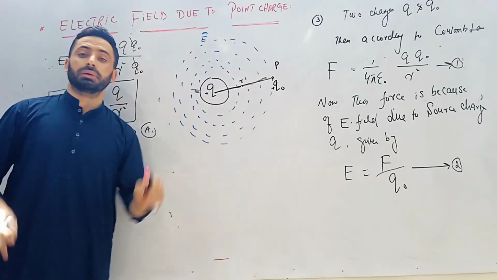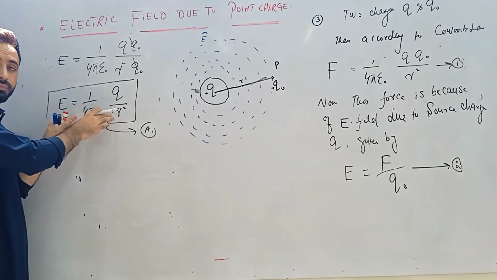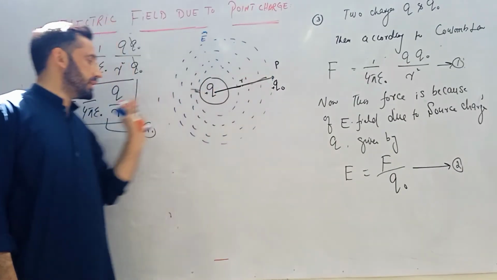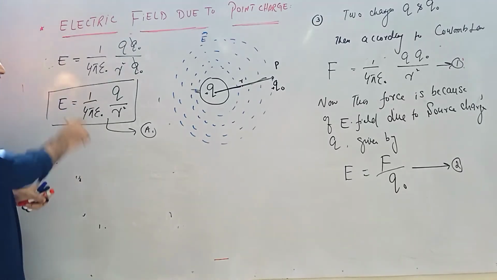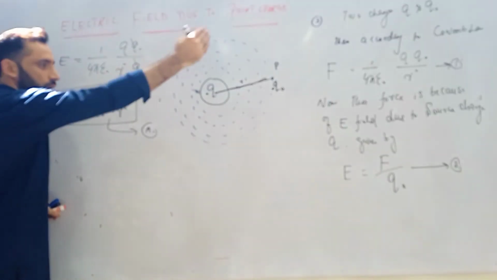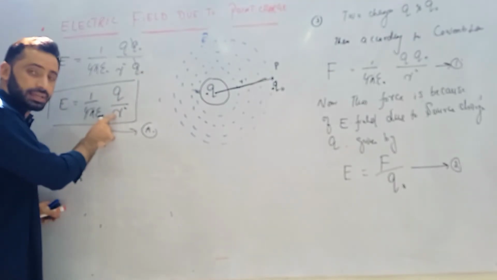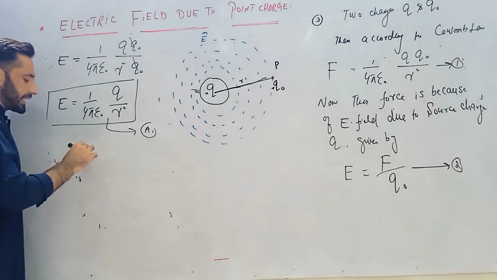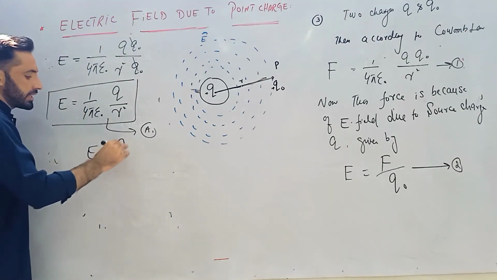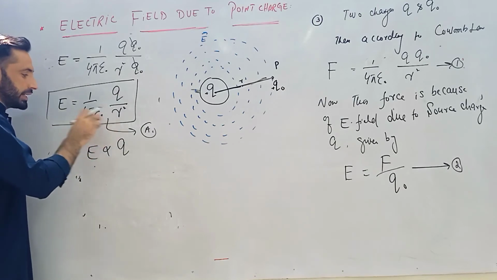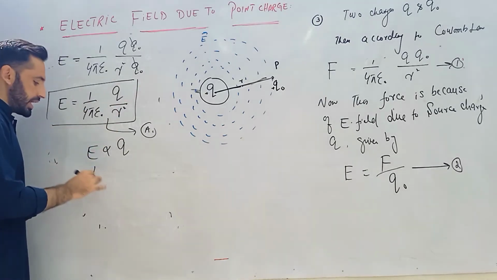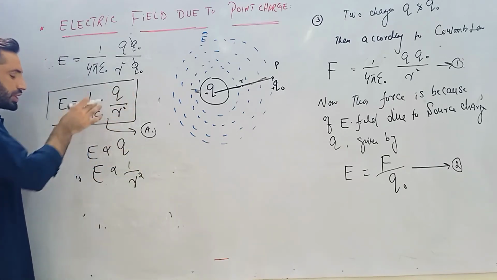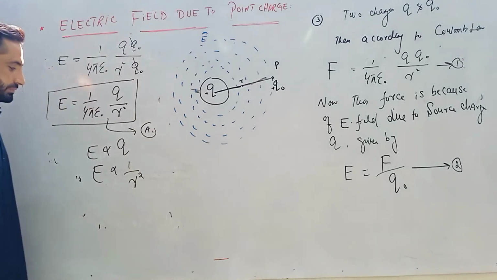Now from this equation it is clear that E is directly proportional to Q, keeping radius and medium constant, and E is inversely proportional to 1 over R square, keeping charge and medium constant.